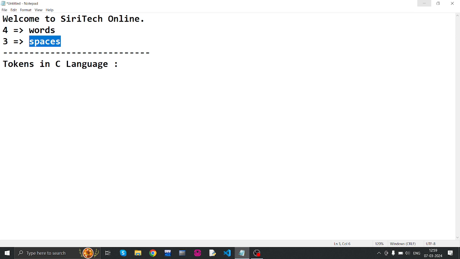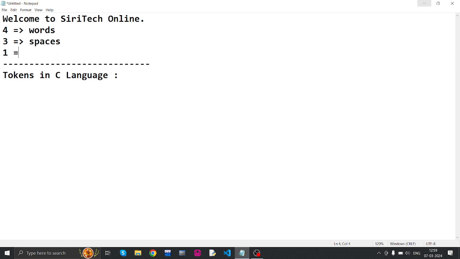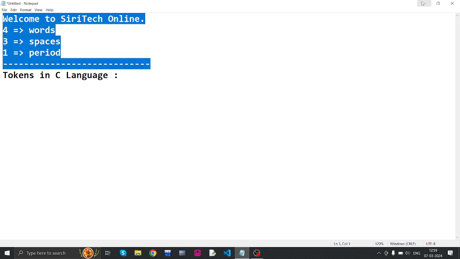What a space does is separate 2 words. So space is one token here. And also we have one period symbol, a full stop, which indicates the end of the sentence. Like that, to create a sentence, whatever meaningful elements we have used, we call them tokens.